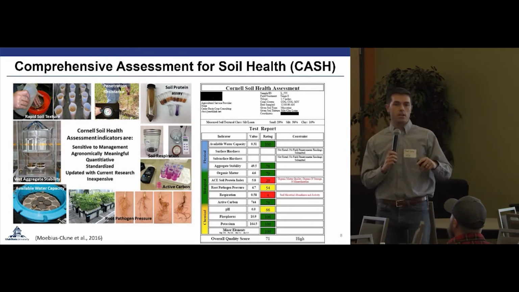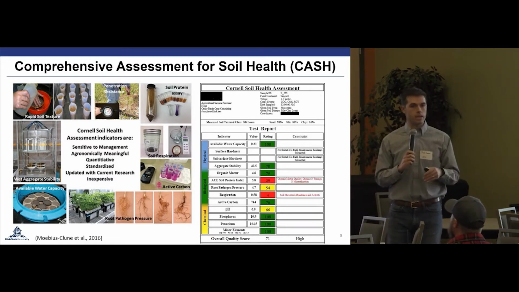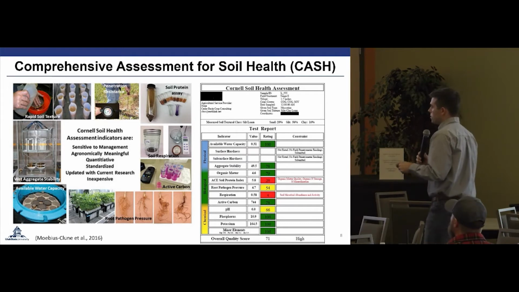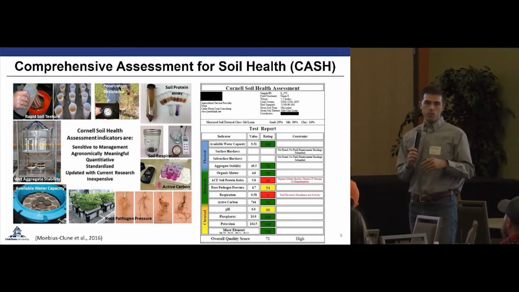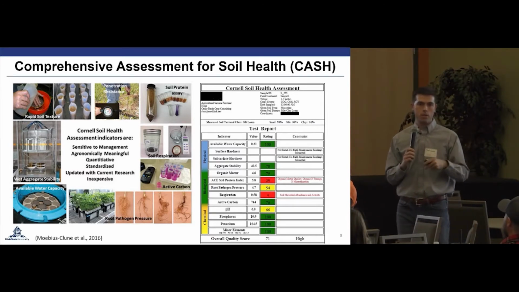So they're then going to provide you with some recommendations of how to remedy that. So the idea is that you send your sample in to them, and then they can provide you with an assessment of some ways to overcome some constraints that would be restricting your soil health.